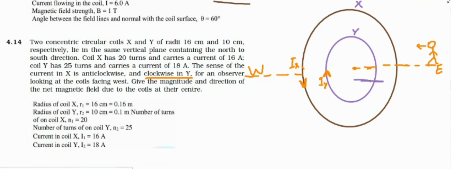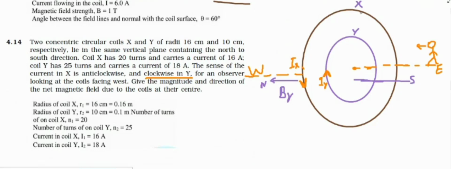For Y it is south pole, and towards here it is north pole, and magnetic field is from south to north, so By is towards west.